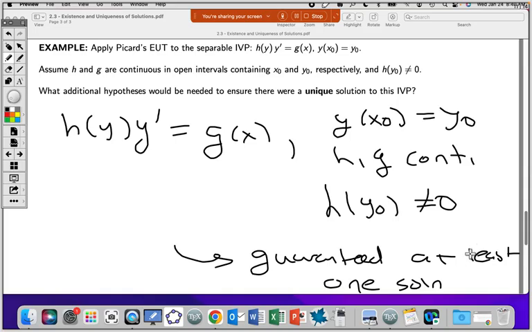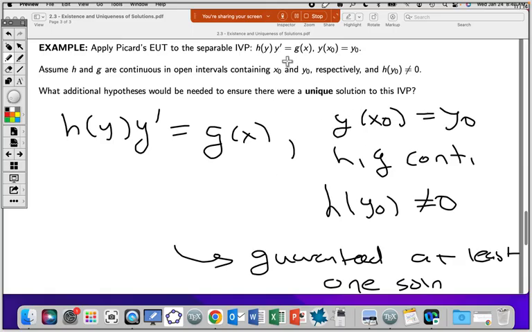That was the implicit function theorem. But we can apply Picard's theorem to this to not only show that we do get a solution there, but also to think about what would have to be true if we wanted to get a unique solution.